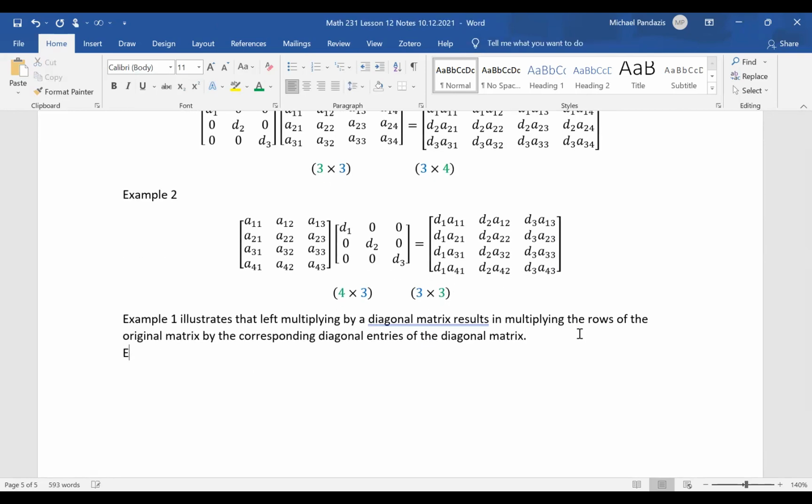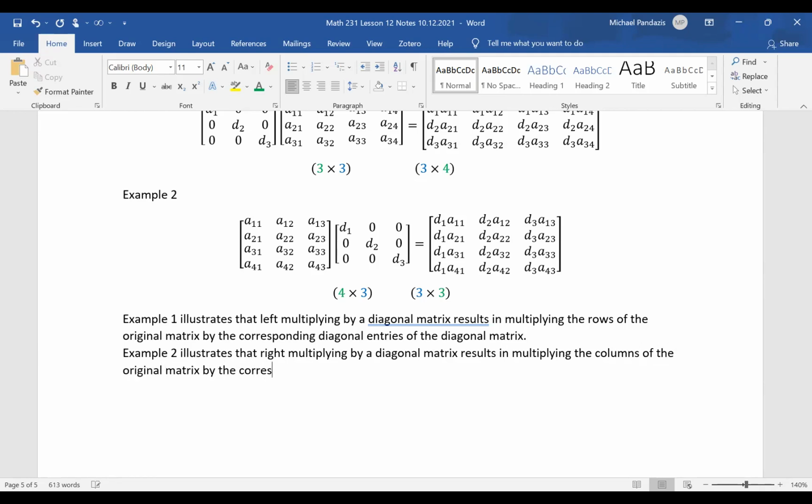Okay, and example 2 illustrates that right multiplying by a diagonal matrix results in multiplying the columns of the original matrix by the corresponding diagonal entries of the diagonal matrix.